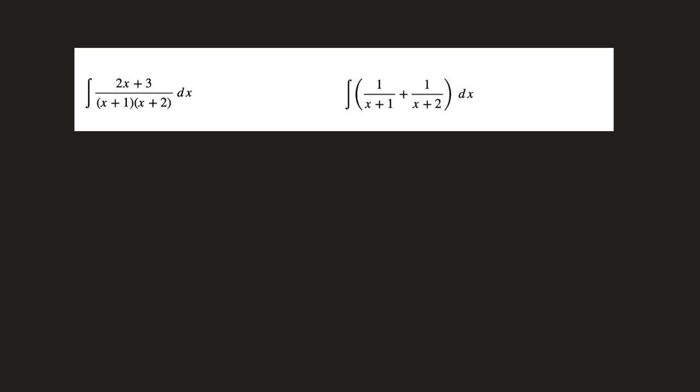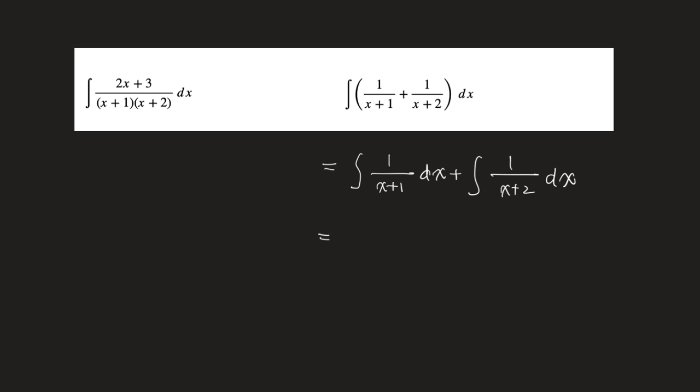First, on the left side, it's very hard to figure out which method you're going to use. But when you see the second one, you can do the integral of 1/(x+1) dx plus the integral of 1/(x+2) dx.